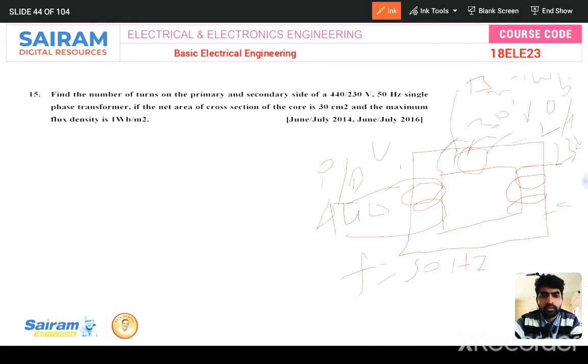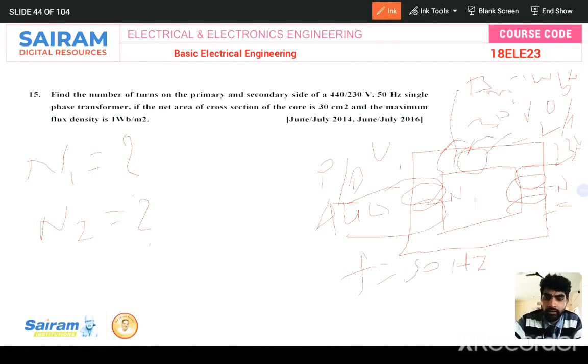And area is given 30 centimeter square. We need to find the number of turns on the primary and secondary, N1 and N2, right?